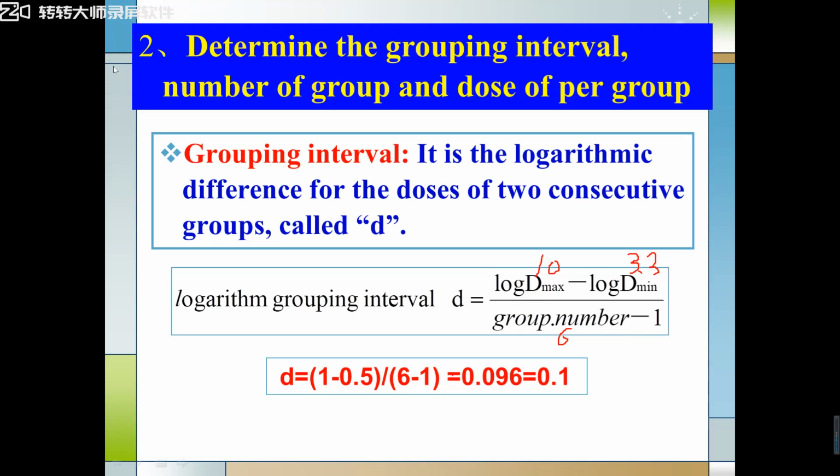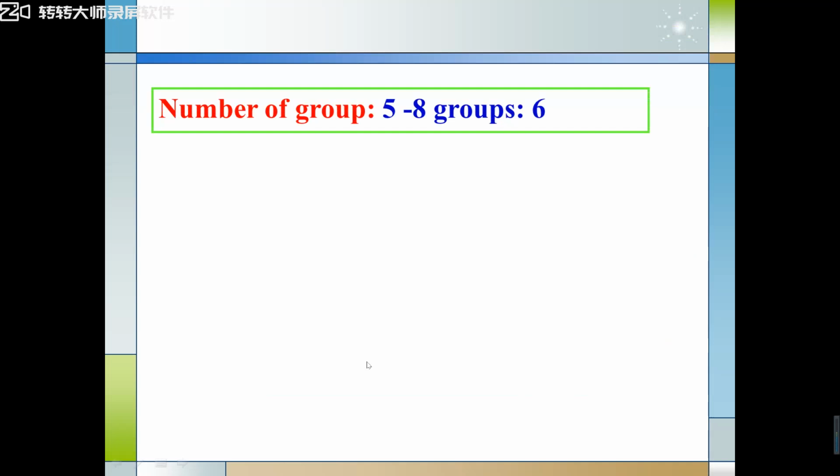The second step, determine the grouping interval, and we have obtained the grouping interval equal to 0.1. Next step, determine the animal number of groups. In Kärber's method, we should divide the experimental animals into 5 to 8 groups.